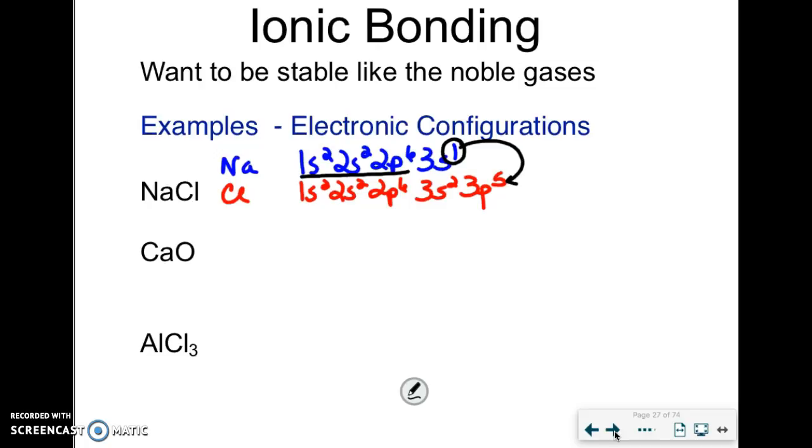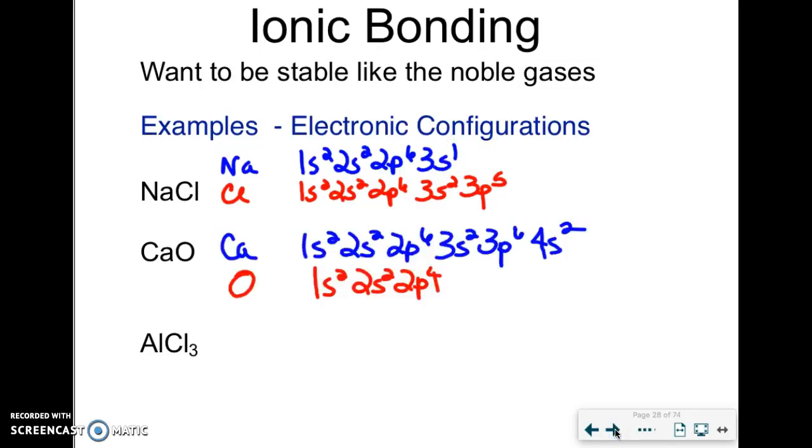It's also important to note here that sodium chloride is bonding in a 1-to-1 ratio. There's 1 sodium for every 1 chloride. This happens because of the electronic structure, okay? You would never see NaCl2 because that just doesn't work with the way these electron configurations are, right?